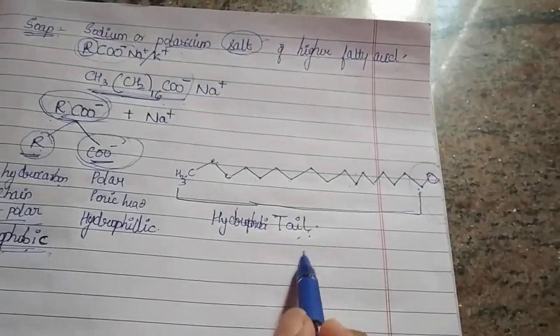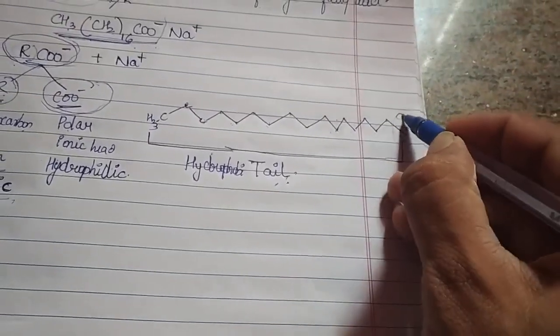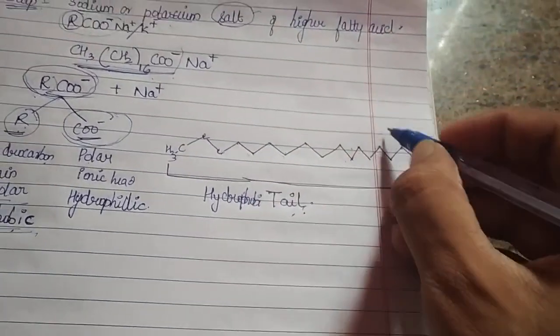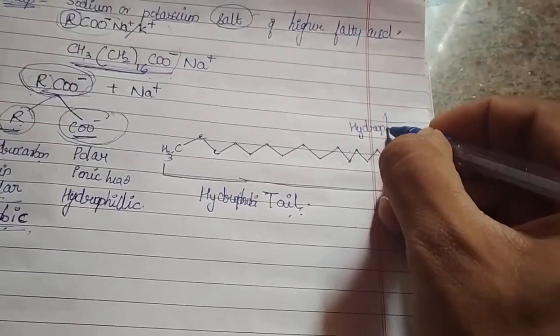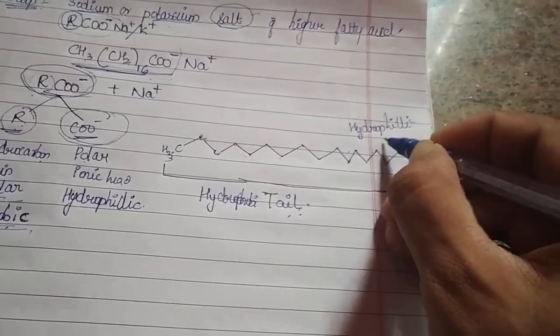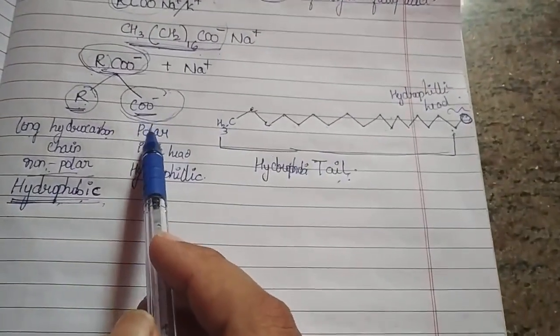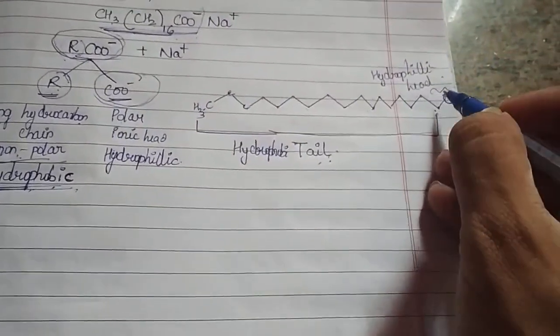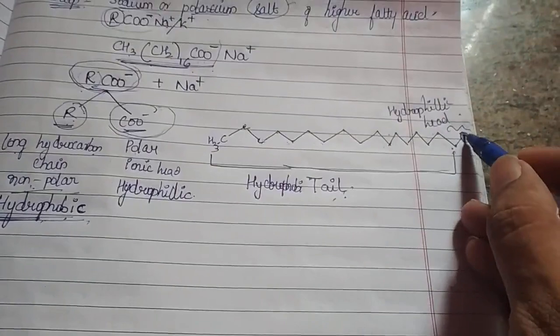This is your hydrophobic tail. What we circled here is called the hydrophilic head. That is why we saw polar ionic head, since this is the COO minus group. So this circle is representing what?